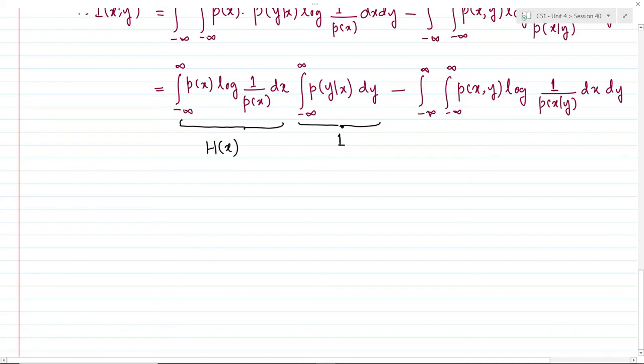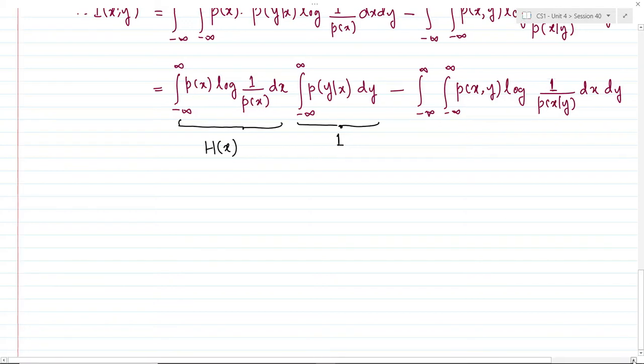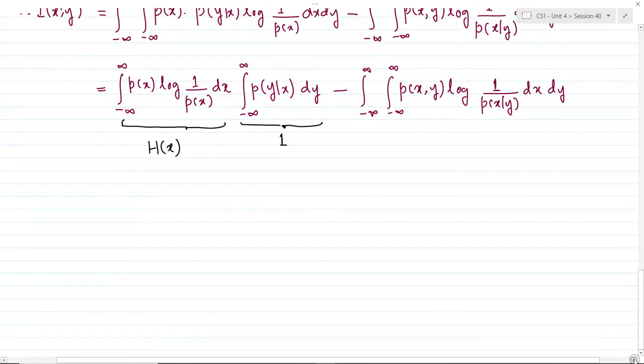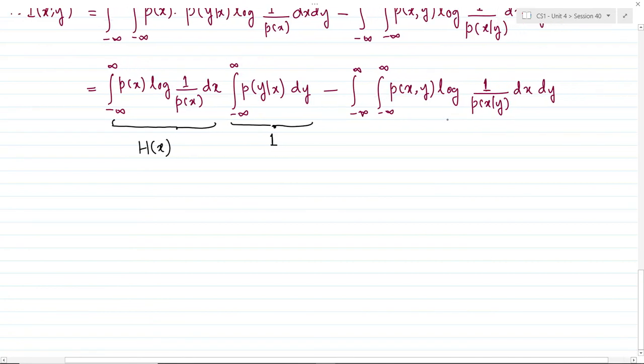All right. In the second term, if you carefully observe, this term represents the loss of information that we have defined earlier in this session. That was the uncertainty involved in transmitting a certain symbol x and receiving a certain symbol y.